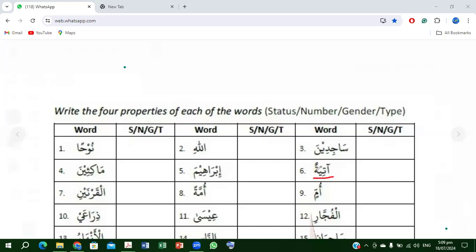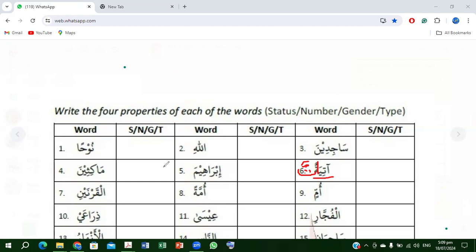I said that this small ta, change it into big ta. Okay, and give an alif here. So, atiyatun. Okay, Nur Fatma. So remember, when there is small ta, it is singular. Small ta, singular. But when you make it big ta, then it becomes definitely more. Okay, atiyatun is a plural, but atiyatun is a singular.